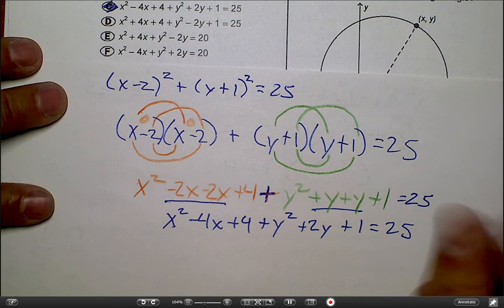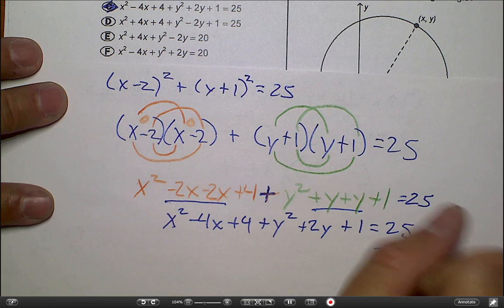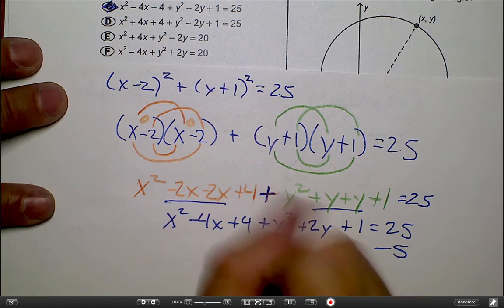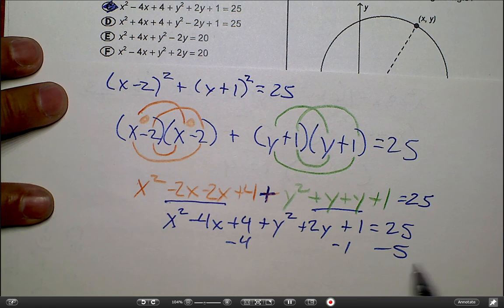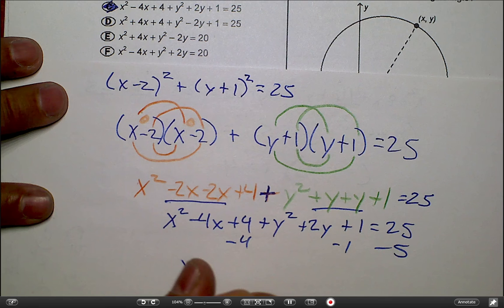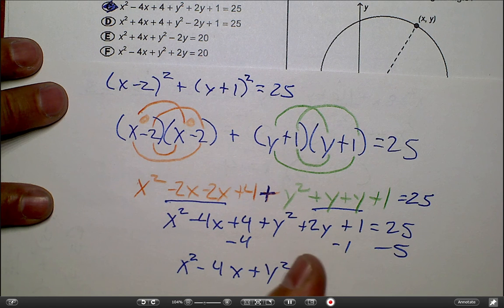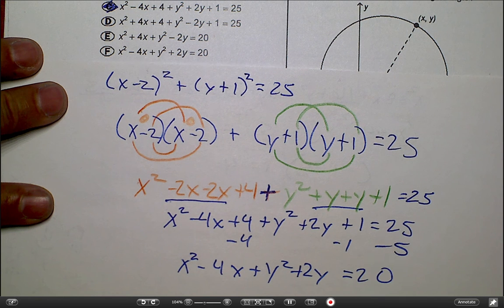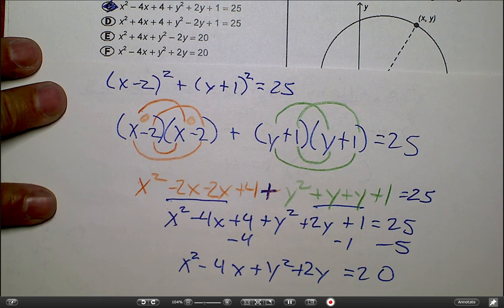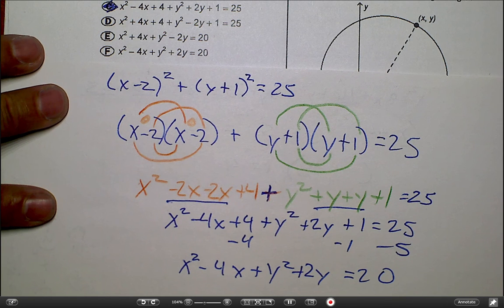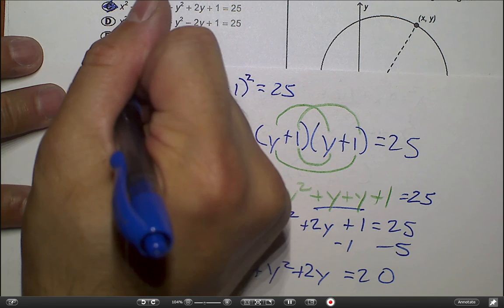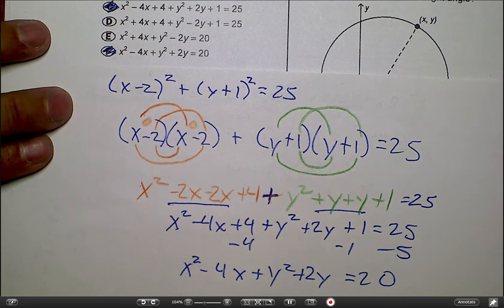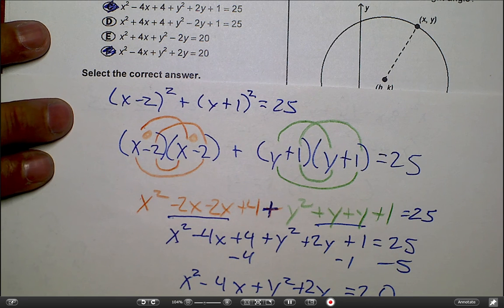So minus 1 and minus the 4, minus 5 from both sides. So now I'm going to have x squared minus 4x plus y squared plus 2y equals 20. Which answer is that? F. That is going to be F. Does that make sense?